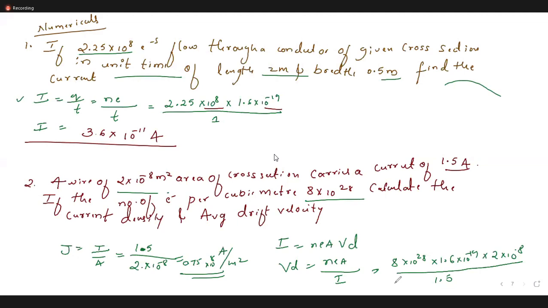Ma'am, is it 2 into 10 power 8? For VD equal to NEA by I, 8 into 10 power 28 into 1.6 into 10 power minus 19 into 2 into 10 power minus 8. 2 into 10 to the power of minus 8, yes. Okay, ma'am.